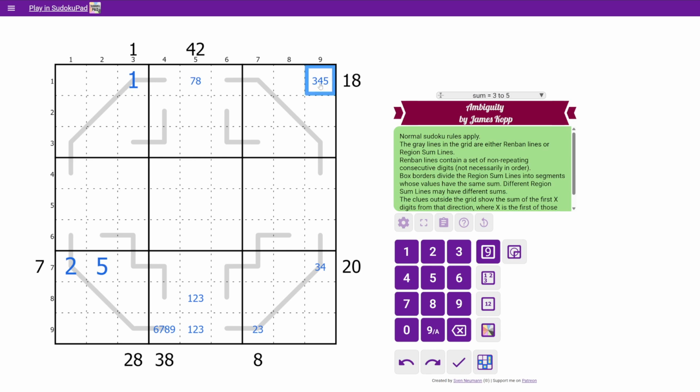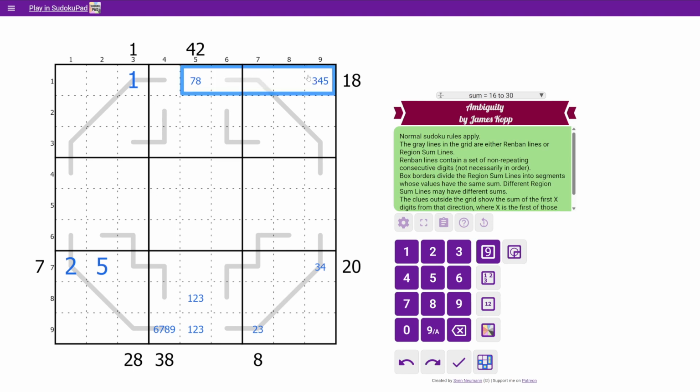But if it was a 3, it would have to be 8, 9. And this would be 7. If it was a 5, this couldn't be an 8 because it would need 10, and these would have to be 1, 2, 3, 4. So 5 wouldn't work.